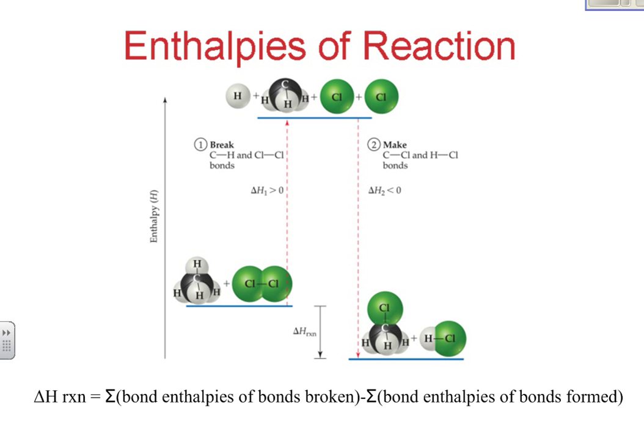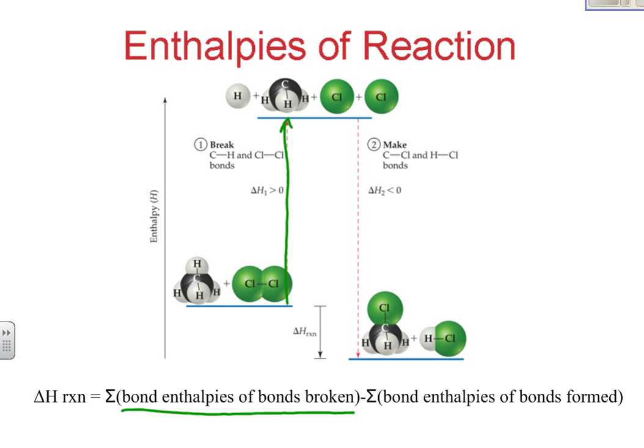Now, if we apply this to reactions, we have to be a little careful, in that this is only going to work precisely for reactions that are happening in the gaseous state, but we can get a good idea of the delta H for a reaction by applying this idea. So we take the energies that we need to break the bonds, and that would be the vertical part here, going from the methane and the chlorine, breaking off one of the hydrogens and breaking the two chlorines apart.